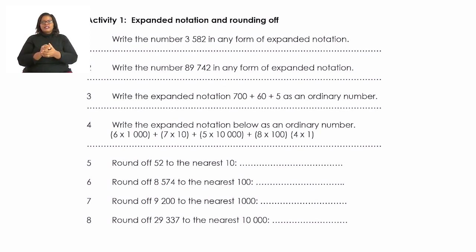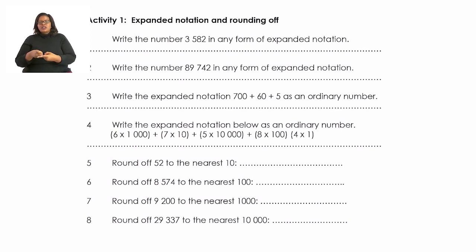Number 3, write the expanded notation 700 plus 60 plus 5 as an ordinary number. Number 4, write the expanded notation below as an ordinary number: 6 times 1,000, 7 times 10, 5 times 10,000, 8 times 1,000, and 4 times 1.